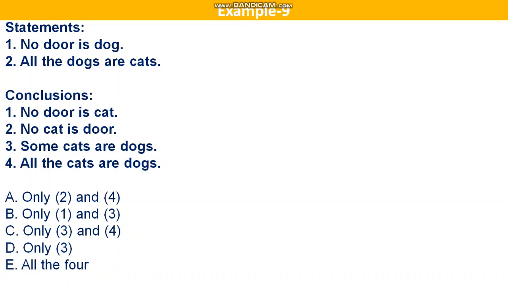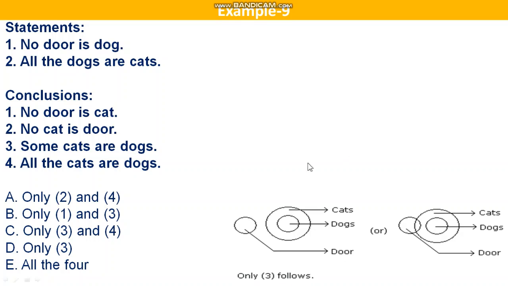Example number 9. Here two statements and 4 conclusions are given. Statement number 1, no door is a dog. All dogs are cats. I request you to pause the video and try the Venn diagram. Okay, how will the Venn diagram be? No door is a dog.